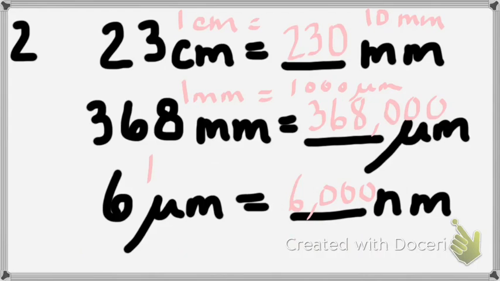Nyla saw that 1 micrometer is equal to 1,000 nanometers from the previous page. So she just moved the decimal place 3 times. So these top little equalities kind of tell you how come Nyla made these decisions to move her decimal place, in case you weren't sure how she was doing it, because she was doing it very well. Very good, yeah. Anybody have a question about the conversions? Nobody? Okay.